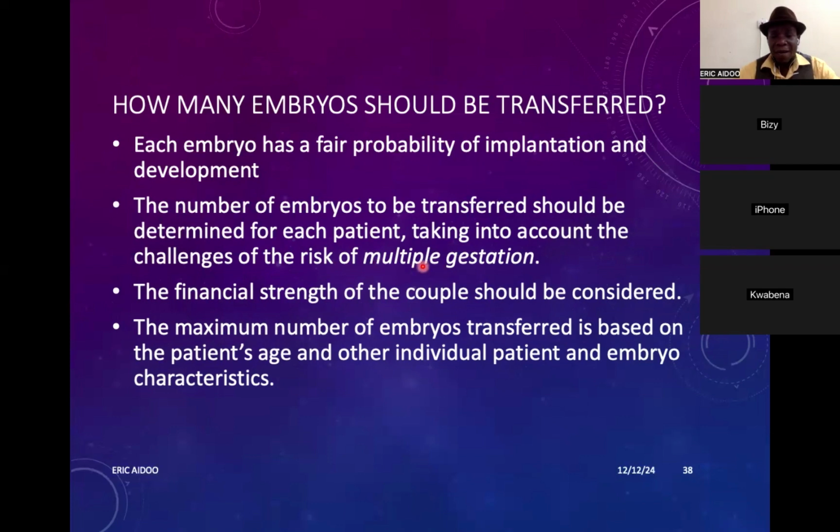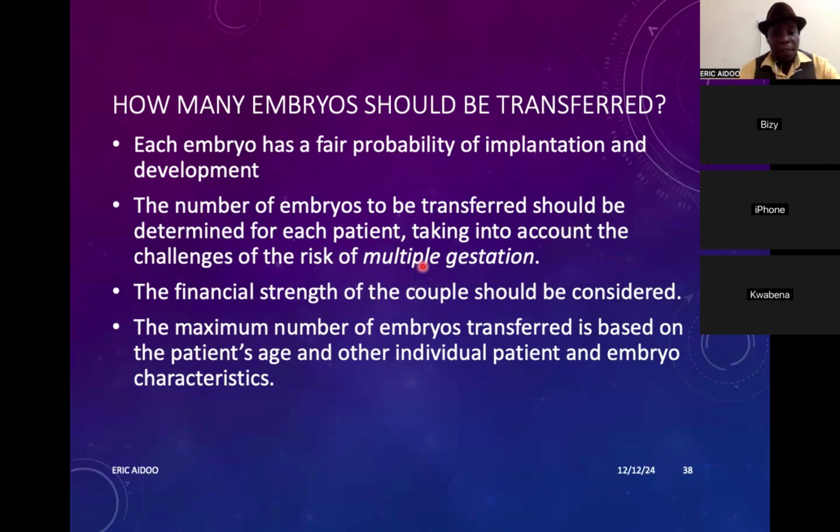Are you sure you can carry as many as 8 to 16 pregnancies? Because you want children, you have to be careful what you can accommodate. Because one of the disadvantages of this ART is that because you can't tell the success rate, sometimes you end up putting in more than required.